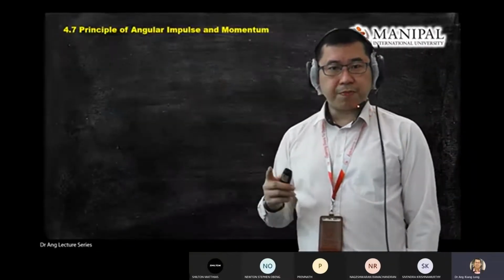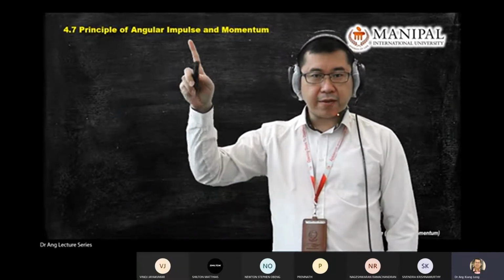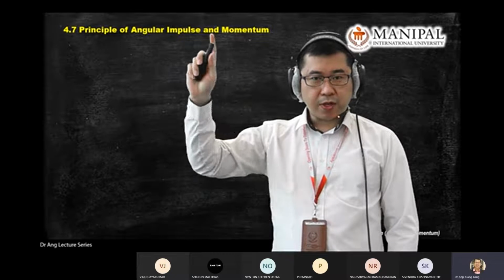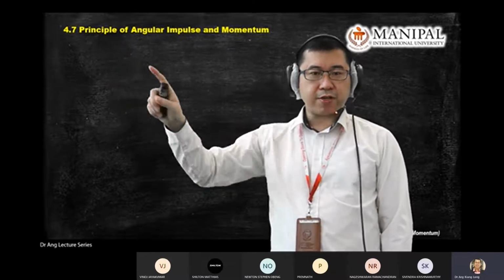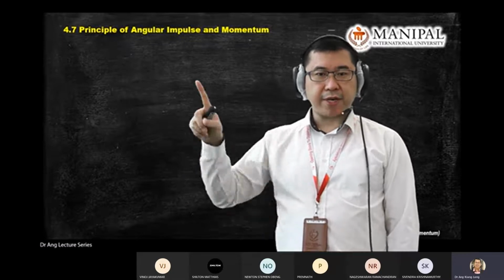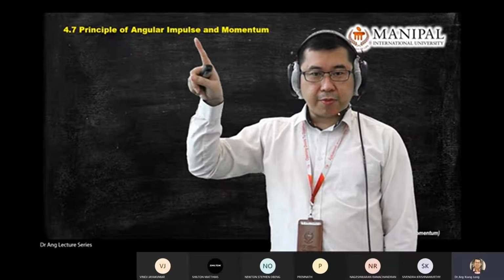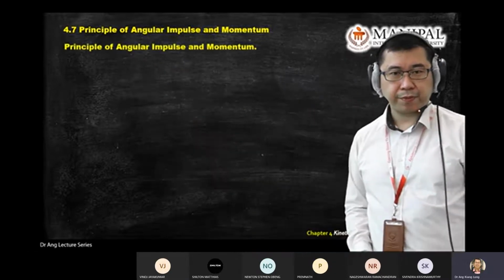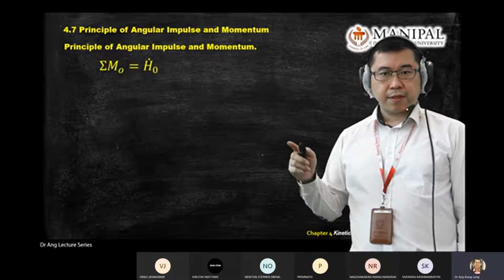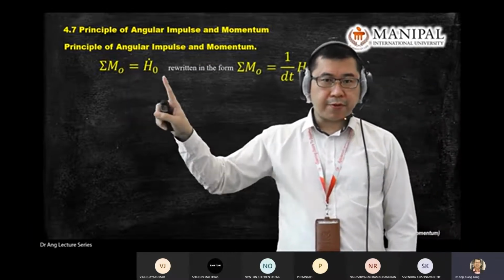Let's look at principle of angular impulse. Just now we looked at angular momentum. So now we look at one new concept for today, another after the break. Now we combine what you learned, angular momentum and angular impulse together. So this is what we learned before this.